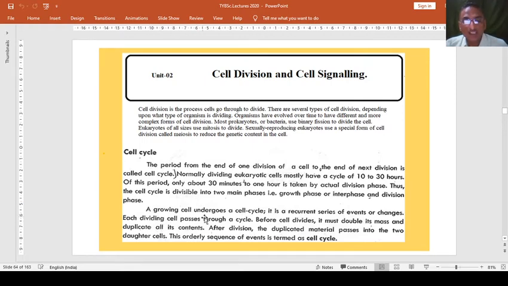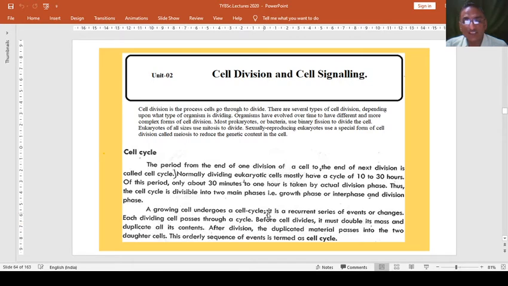A growing cell undergoes a cell cycle. It is a recurrent series of events or changes that each dividing cell goes through. Before a cell divides, it must double its mass and duplicate all its contents.